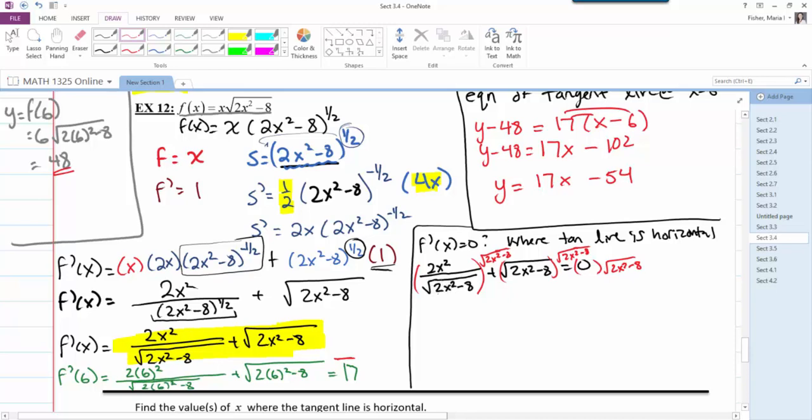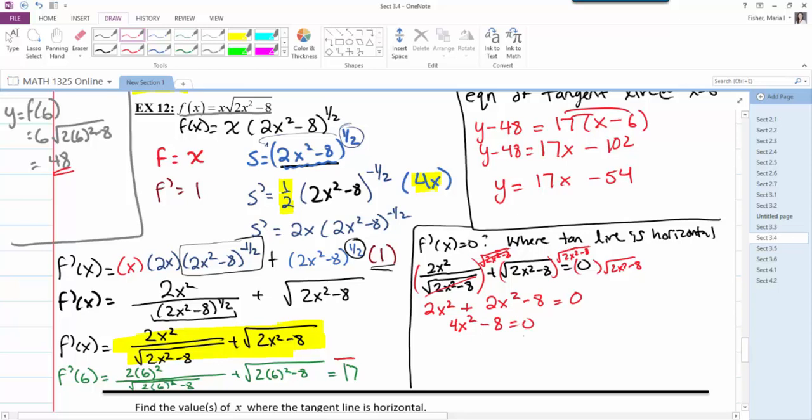Well, here, my square roots of 2x squared minus 8 cancel, and I'm just left with 2x squared plus, here the square root of 2x squared minus 8 times the square root of 2x squared minus 8. Well, since it's identical, the square roots will cancel, and it's just left with 2x squared minus 8. And then 0 times anything is still 0. Combine like terms on the left, 4x squared minus 8 is equal to 0.